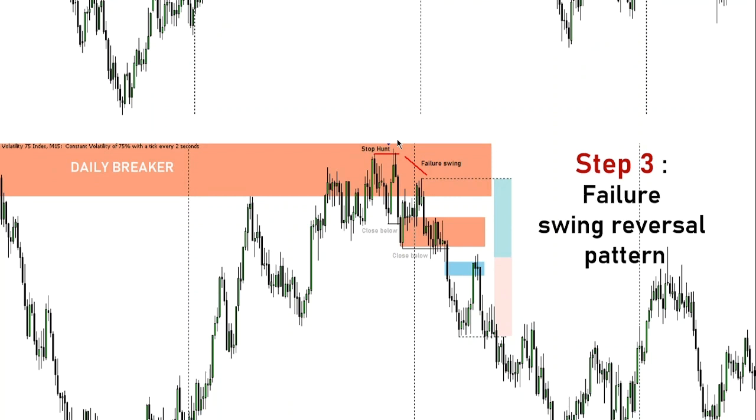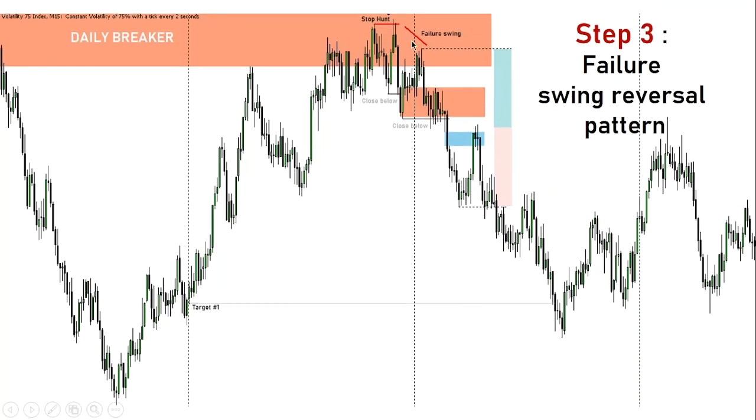So for confirmation, we want to see a Philistine forming. Now Philistine is going to be formed primarily when price fails to take out this high. It's a signal, a confirmation that price is unwilling to continue going higher, because it's been creating higher highs and higher lows.